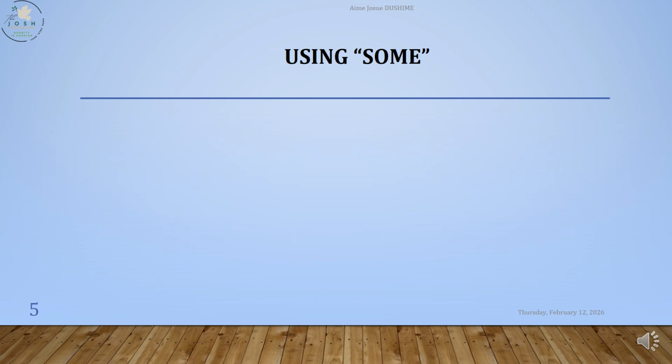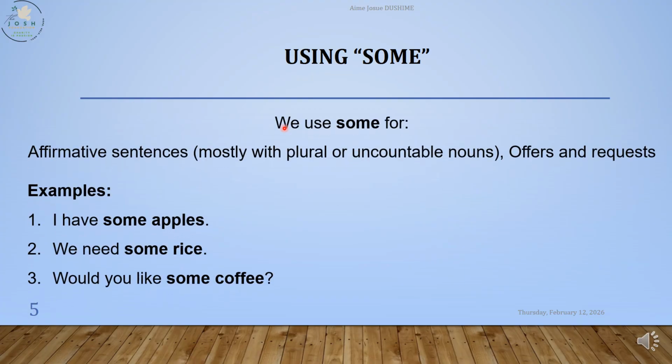How about using some? We use some for affirmative. Affirmative, remember, means positive. Mostly with plural or uncountable nouns. We also use it for offers and requests. I can say I have some apples, we need some rice, would you like some coffee?